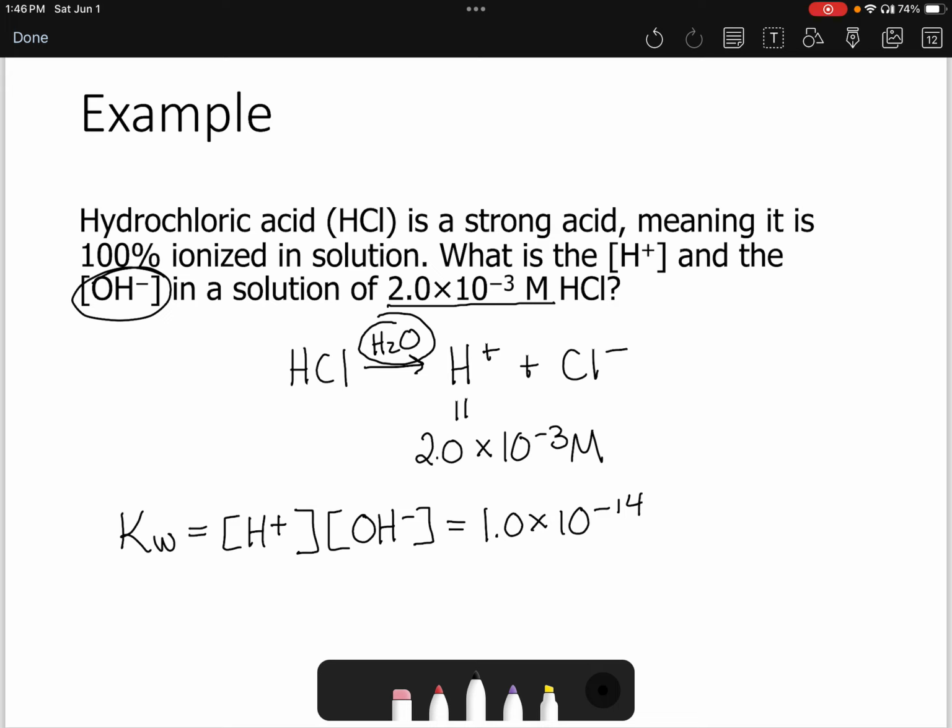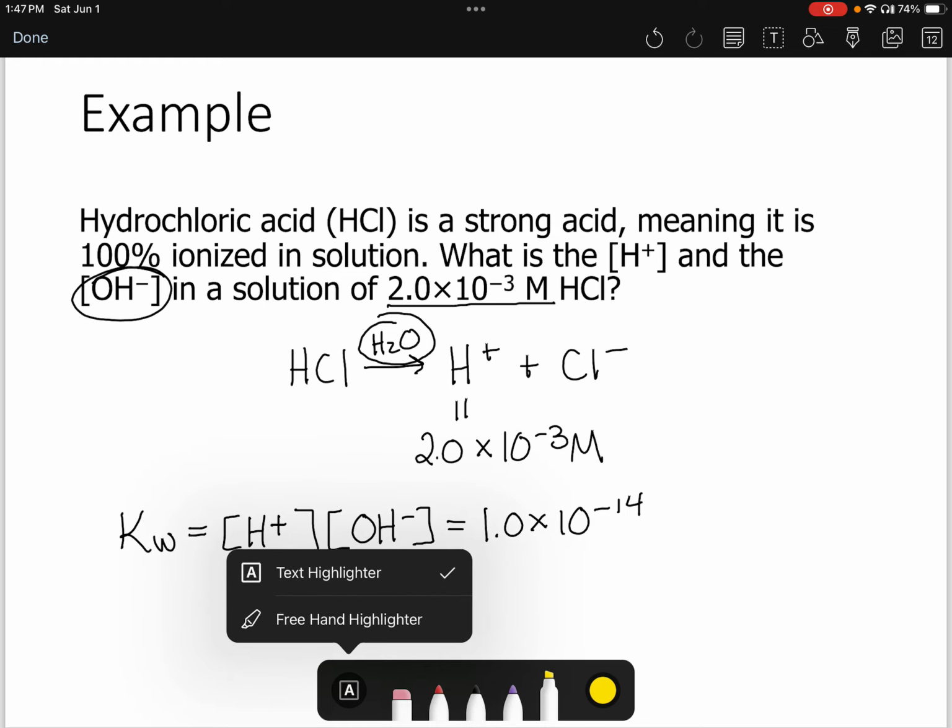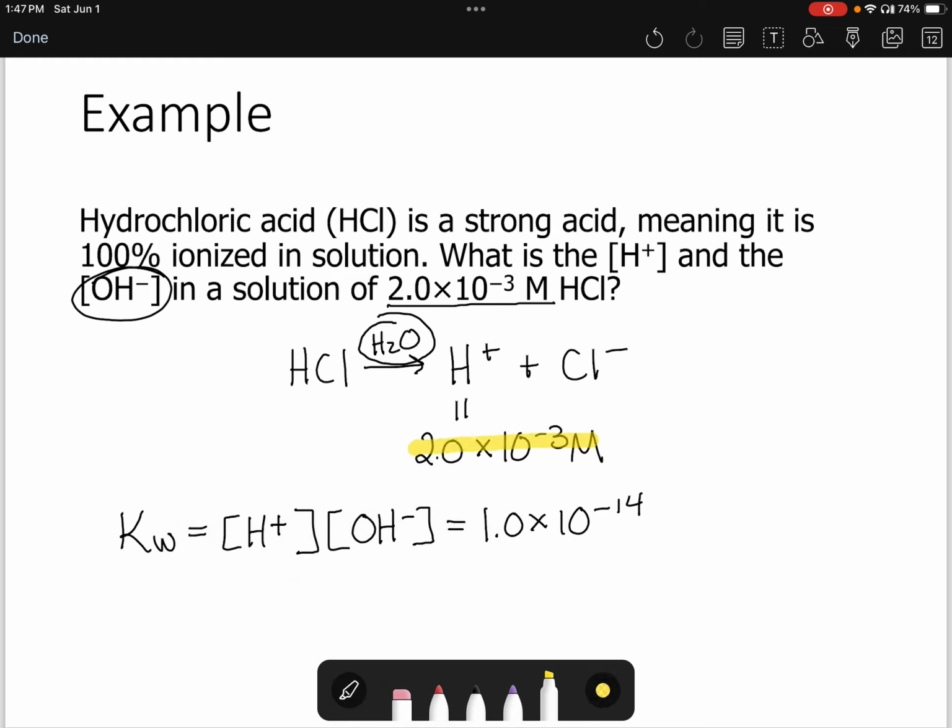So we can actually apply this to other solutions as well. So let's plug in this value for the concentration of H+, and then we can solve for the concentration of OH minus.